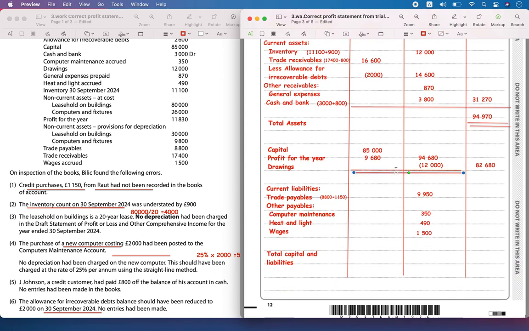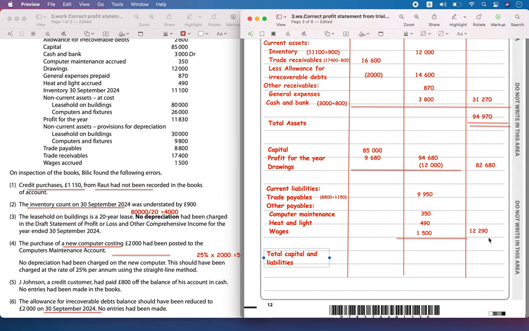Now let's add up all of this. So 9,950 plus 350 plus 490 plus 1,500 is 12,290. Okay, so it has added up to that.